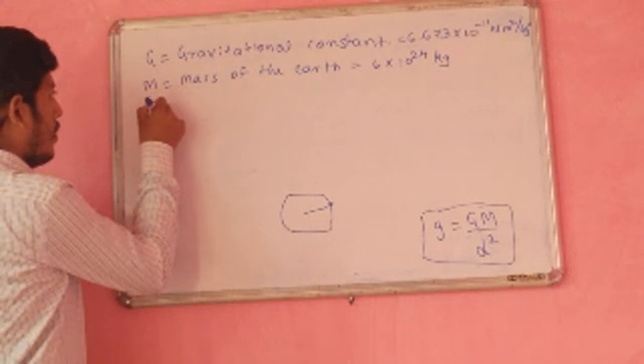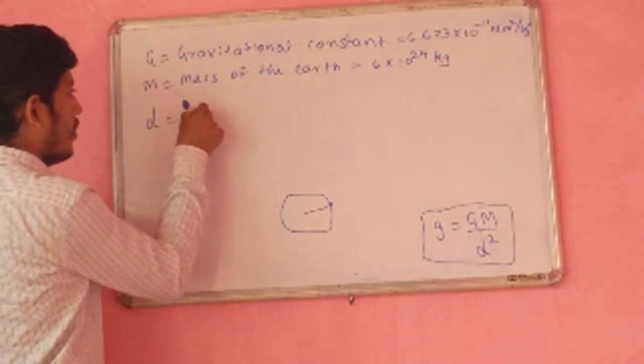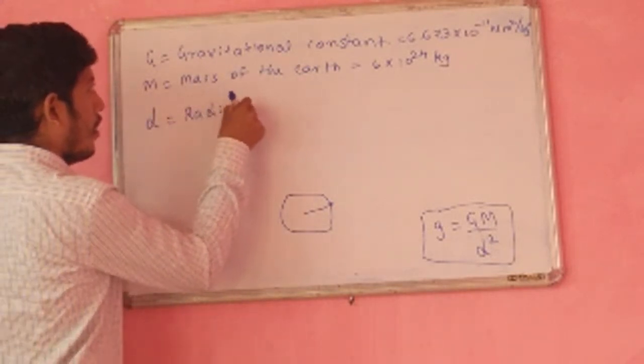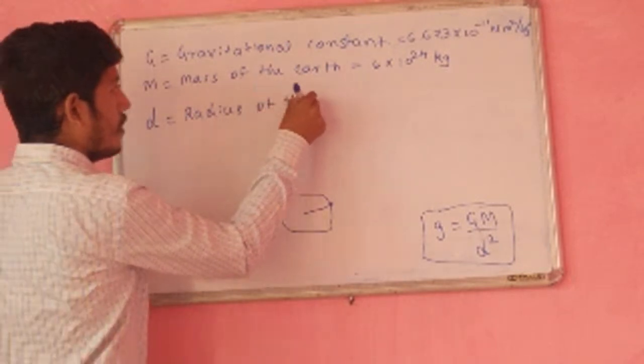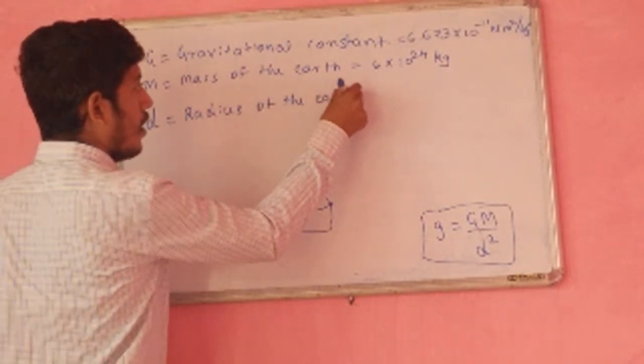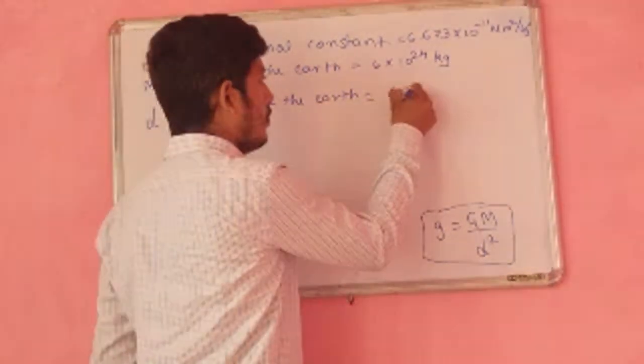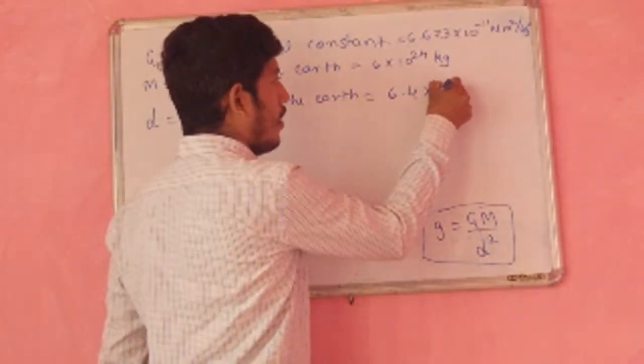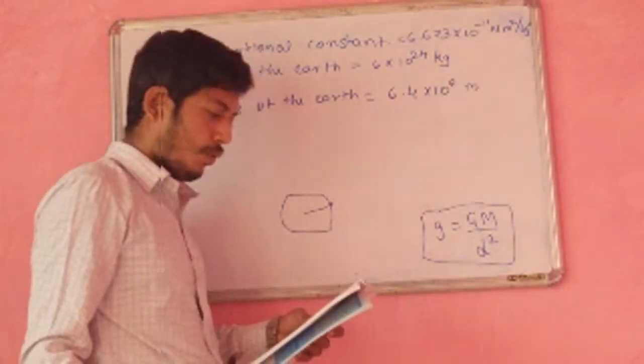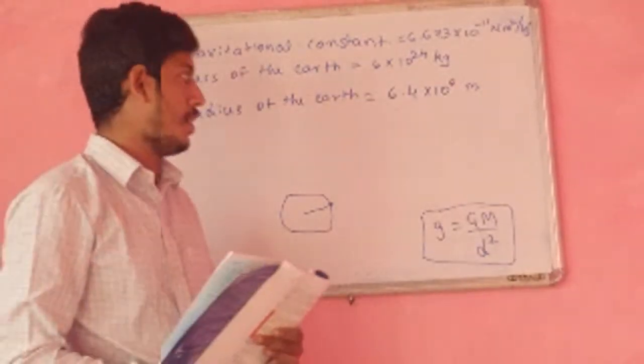Therefore, d is the radius of the earth, and its value is 6.4 into 10 raised to 6 meter.